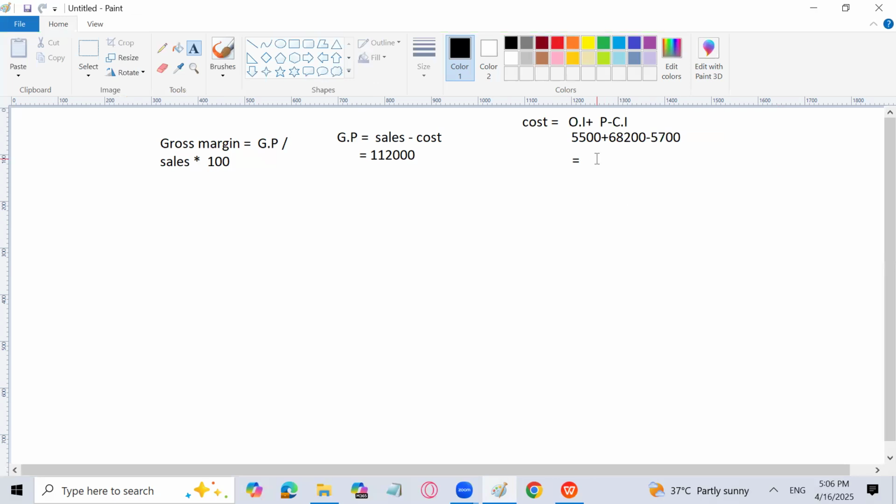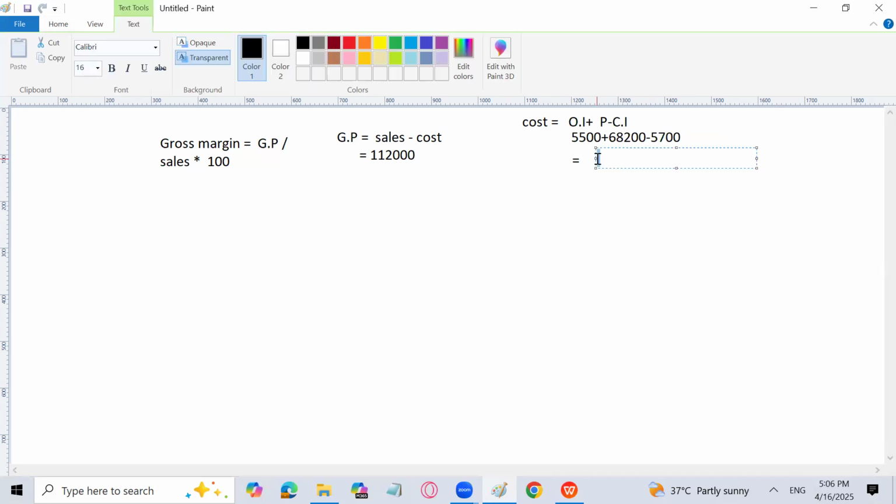5,500 plus 68,200 minus 5,700, 68,000 is the cost of sales. So 1,12,000 minus 68,000, we will get our gross profit, which is 44,000.